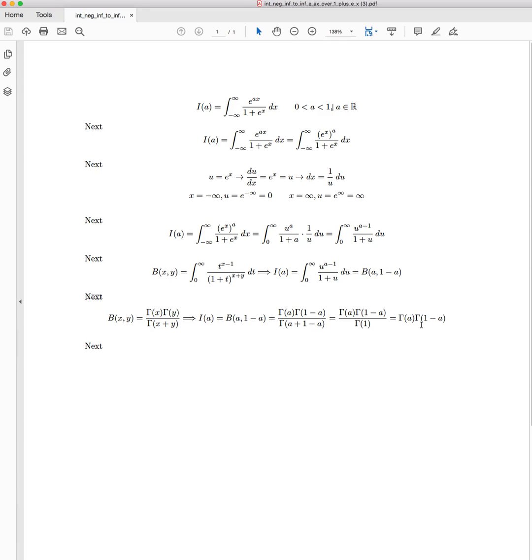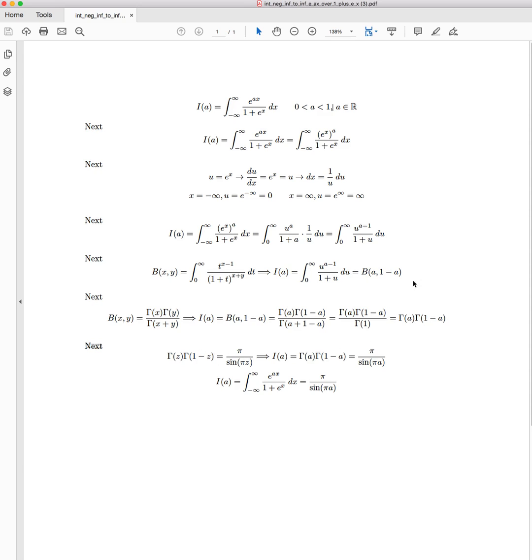Now here, this is a very special form, and this allows us to use Euler's reflection formula when it's applied to the gamma function. The rule is gamma of z times gamma of 1 minus z is equal to pi over sine of pi z, and this is valid when z is not an integer quantity. In our case, we've got this exact form, but we've got a instead of z.